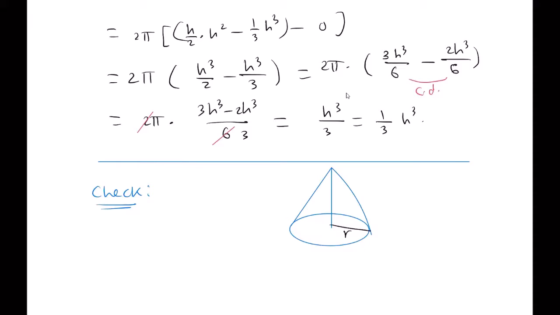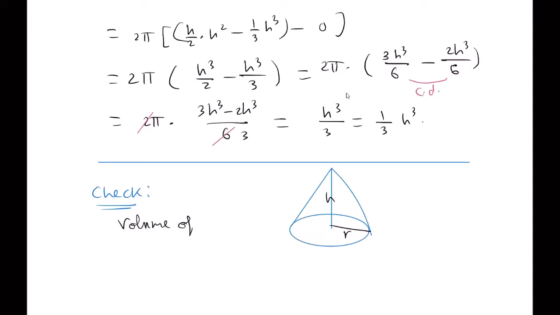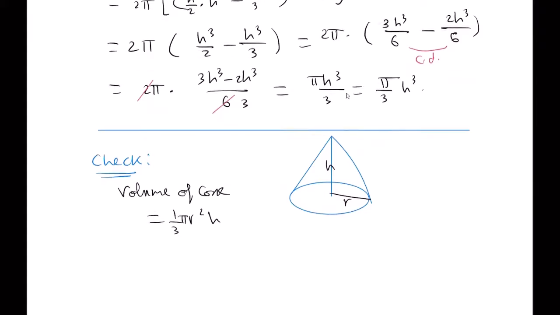This is r, this is h. Check: volume of the cone equals 1/3. It's a third of the volume of the cylinder, so it's 1/3 pi r squared h. Where is pi? Yes, there is pi. I missed pi. Pi r squared, because it's the area of the circle, times the height.